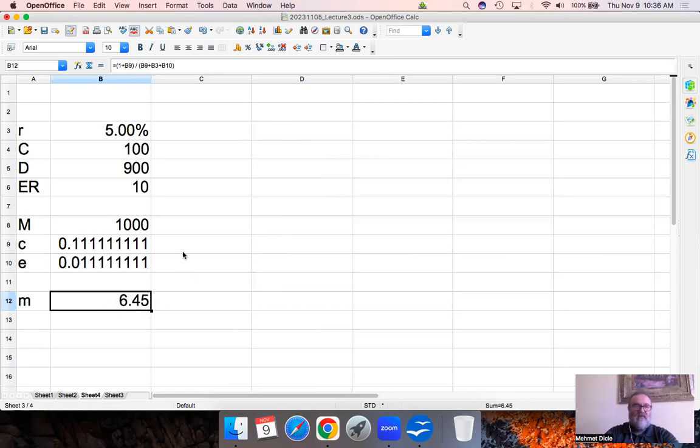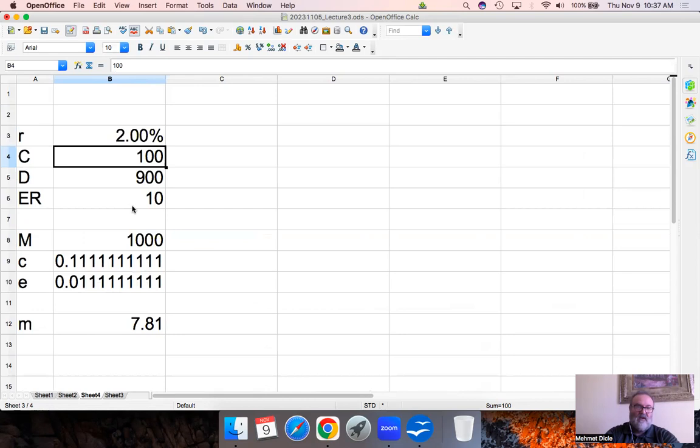So if the reserve requirement increases, say to 10%, notice the money multiplier goes down. If the reserve requirement goes to say 2%, notice how the money multiplier increases. So now you have a better understanding of how these individual factors affect the money multiplier.